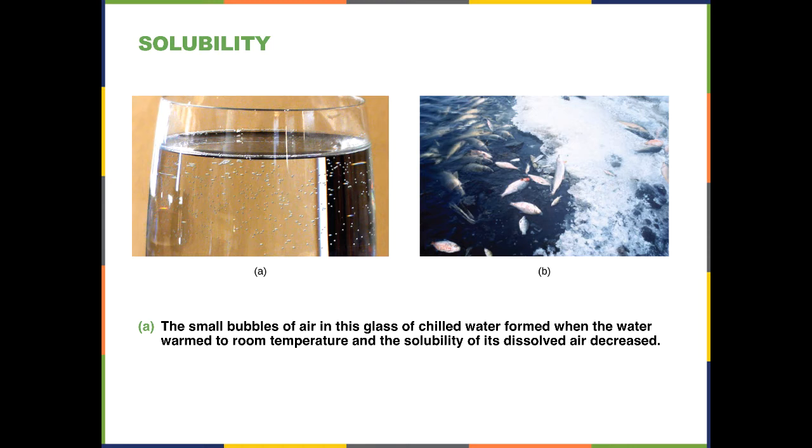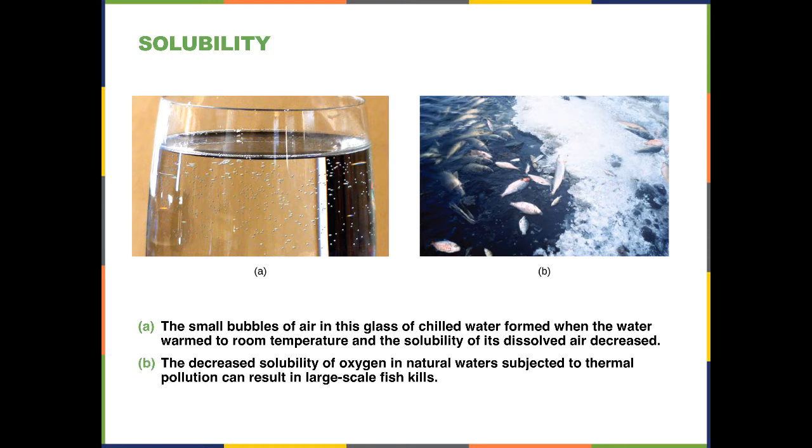So you take chilled water that has dissolved a certain amount of air, you warm it up, and because of that relationship, you'll see these little bubbles of undissolved air form in the water. Now this problem of solubility can actually affect fish, in that with increasing temperatures, the amount of dissolved oxygen in water can decrease, and it leads to fish dying for lack of oxygen.